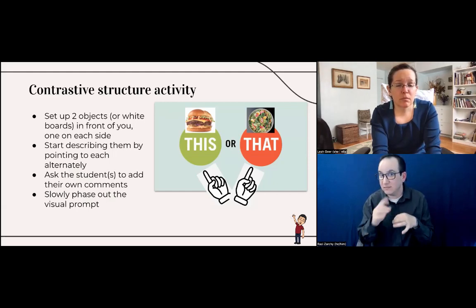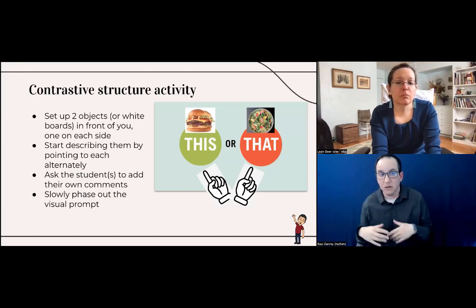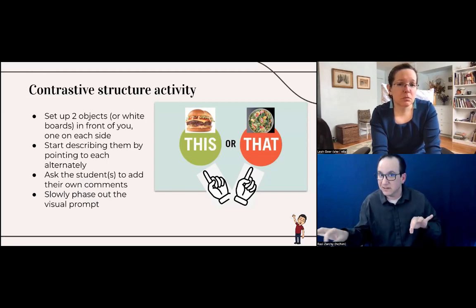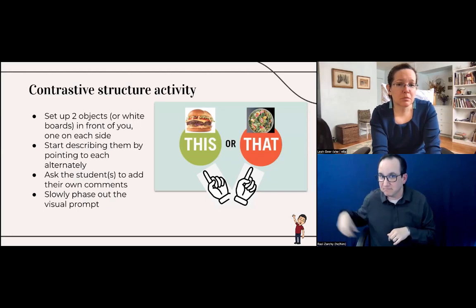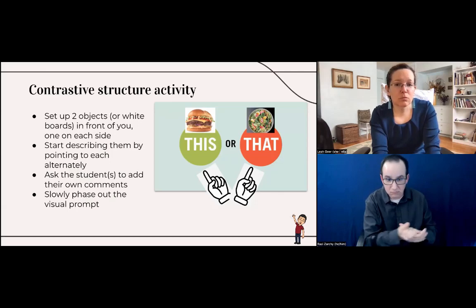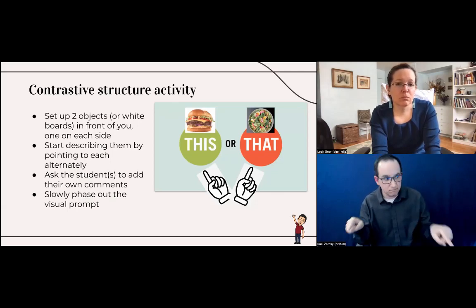And then maybe next time, instead of actually having the toy objects there, I just have a picture on the table. And once you progress through that conversation, you can remove those pictures and still point to those spaces for those objects.